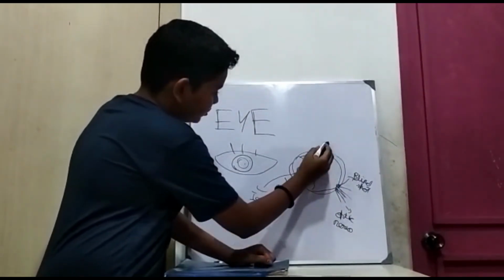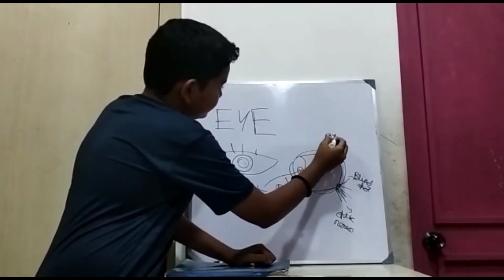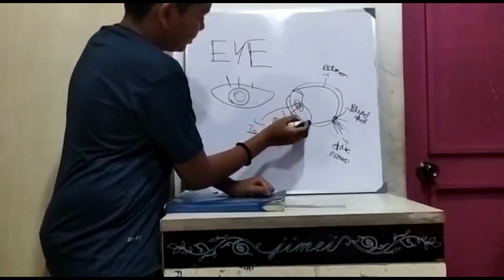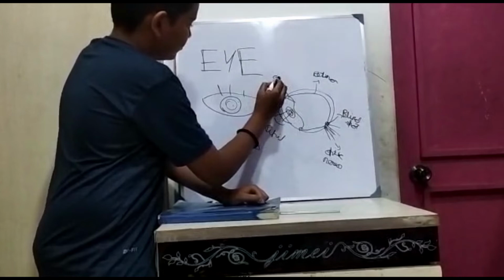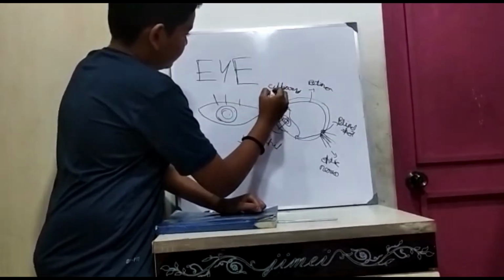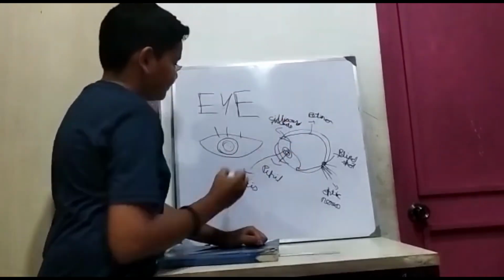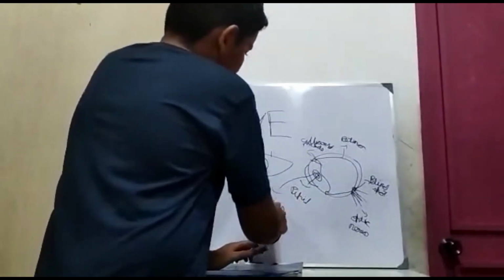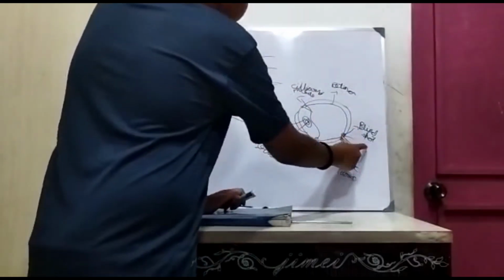This part is called the retina. And these are all ciliary muscles. So this is the eye. In this eye, there are the pupil, iris, ciliary muscle, retina, blind spot, and optic nerve.